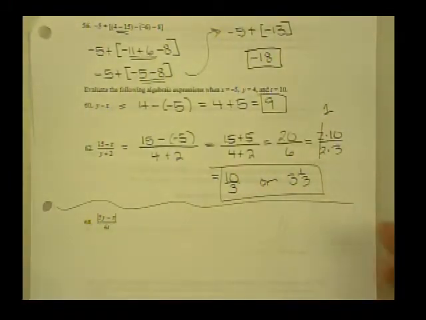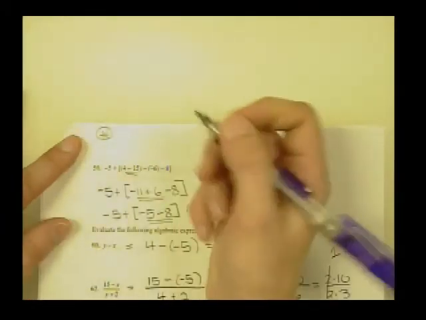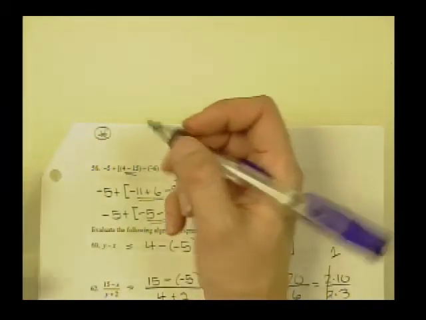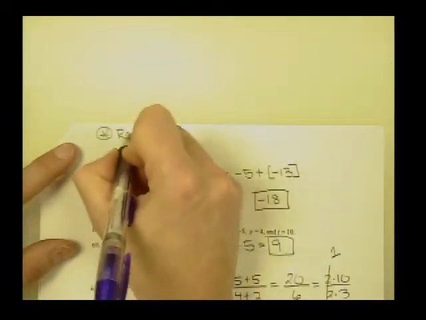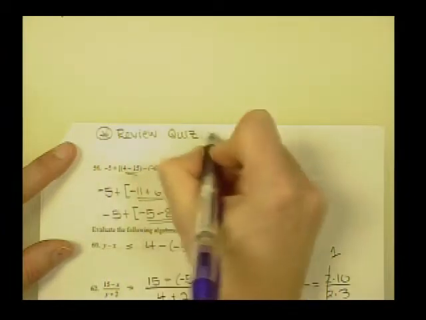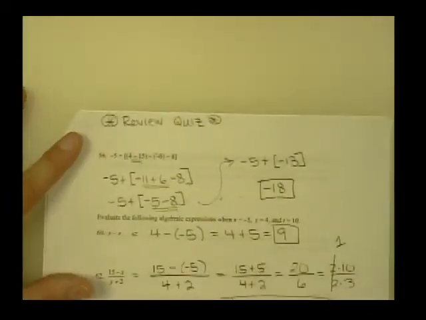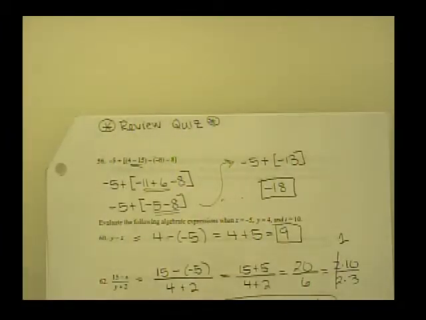Oh, this reminds me. What I wanted to have you do, and this is for your own benefit, is go over and review your quiz, because there was one time where I took a quiz and I was listing factors.